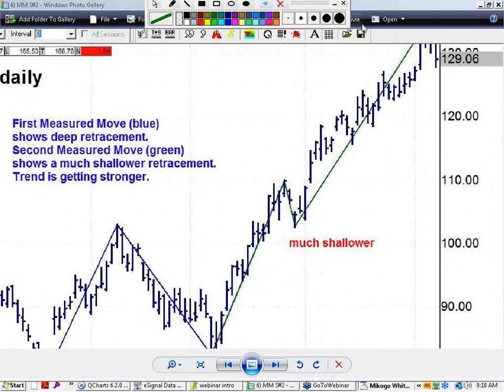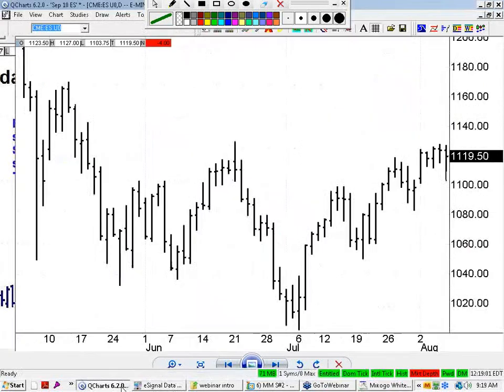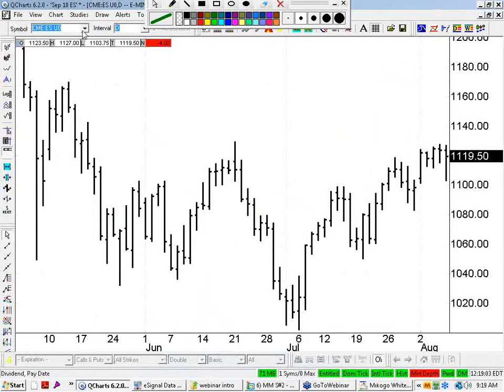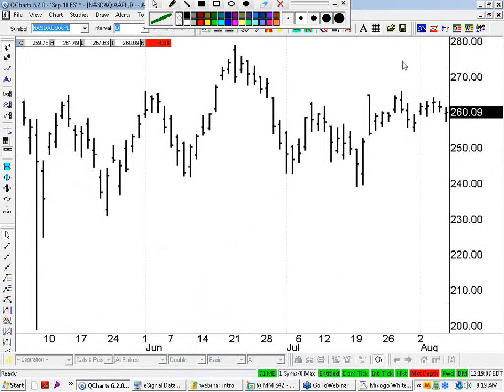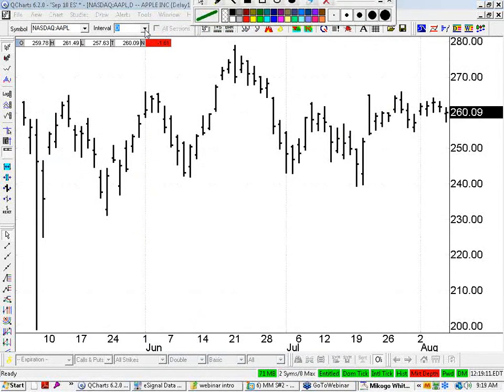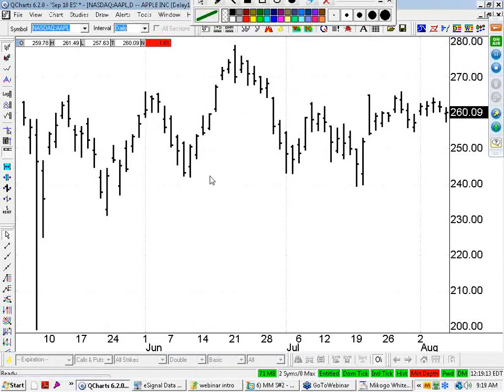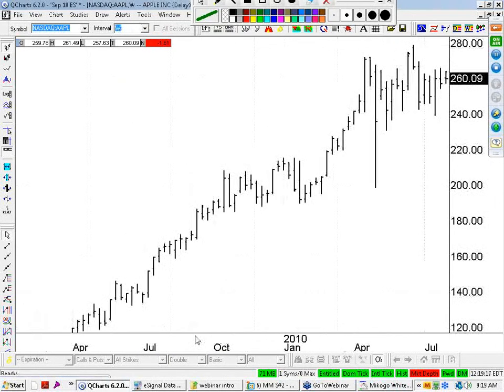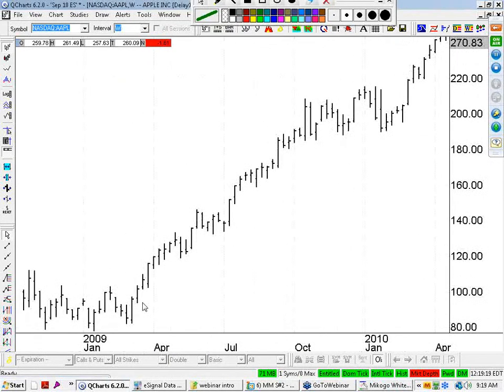So let's double check Apple right now just really quickly. And I'll use the current chart, which is SkewCharts that I have right now. And Apple's at 250, somewhere between 250 and 270. Then we go back to the weekly chart. We started out this example way back here, back in April of 09. Here's 110, 120.